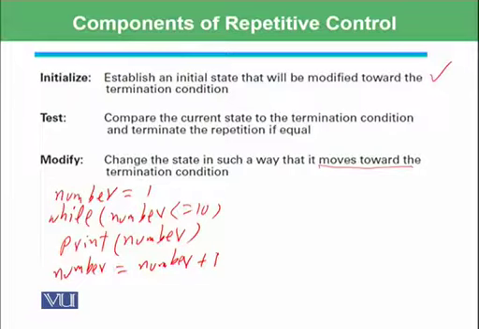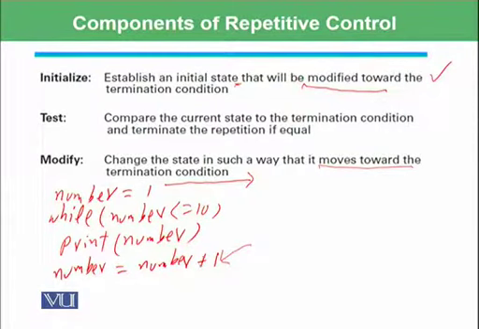Basically the first one is the initialization. We have initialized, established an initial state that will be modified. So this needs to be modified. We are modifying this at the last statement toward the termination condition. So here we have written plus 1. We have not written minus 1.